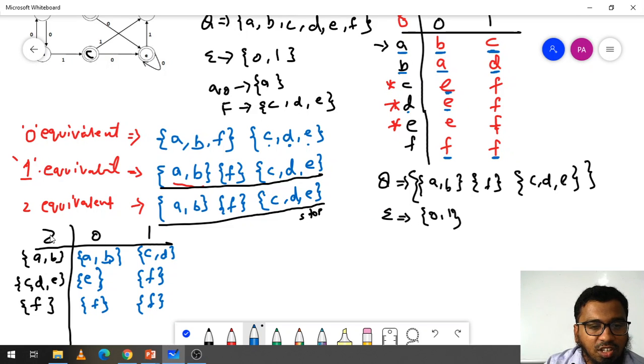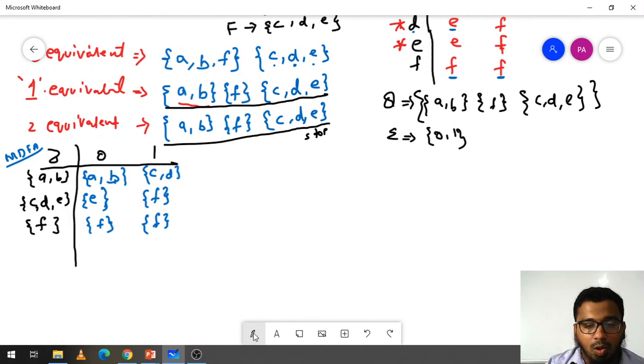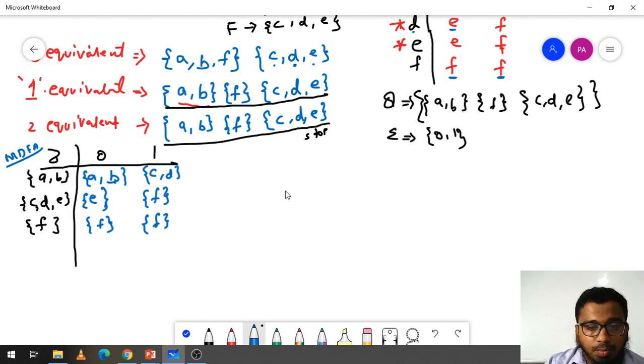So this is the transition table for the minimization, the MDFA. Now we will make a state diagram for this. What are the Q states? First, scroll down. Now I will make here A, B as one state.